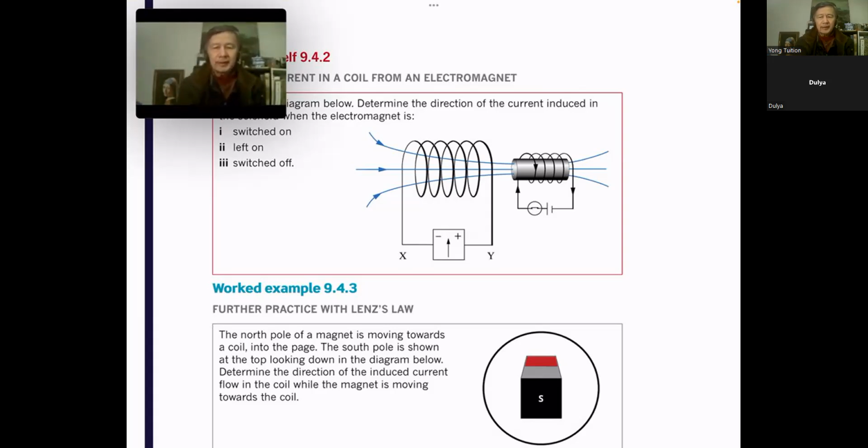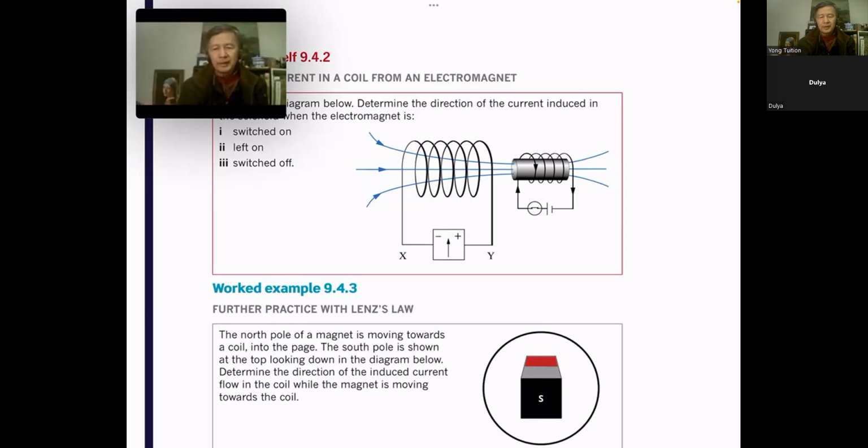If it's left on, then eventually I think the current would stop being produced. No. The second question is they just keep that current, right? They keep that battery, keep the switch on, the right hand side, right?